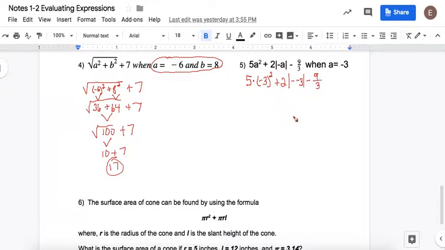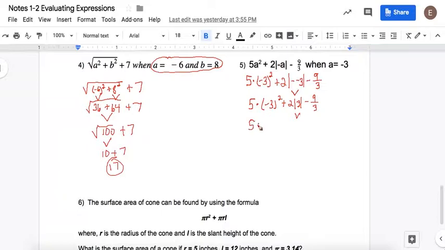Okay, so we look for grouping, and the grouping here is the absolute value. So negative times a negative is a positive, so we're going to change that to positive 3. Absolute value symbol is still there because I have yet to take the absolute value. And so I still have grouping here, so it is a 3.